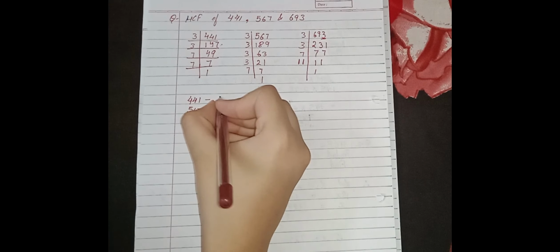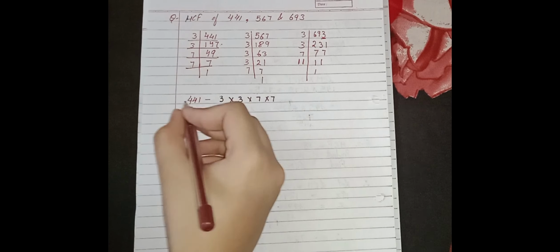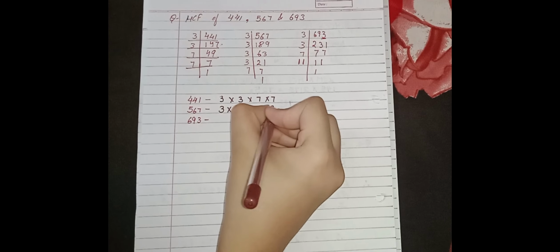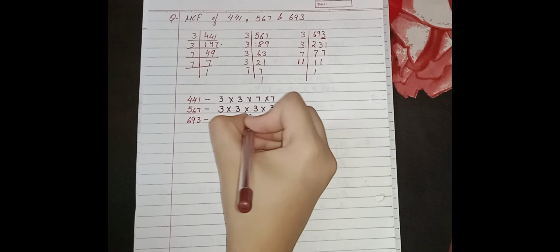Okay. After that what you'll do is, first 3 into 3 into 7 into 7. Write the prime factorization in this line. 3 into 3 into 3 into 3 into 7. Again 3 into 3 into 11 into 7. Now I have done this. After that, when we were children, we were taught to draw lines like this when they are matching.